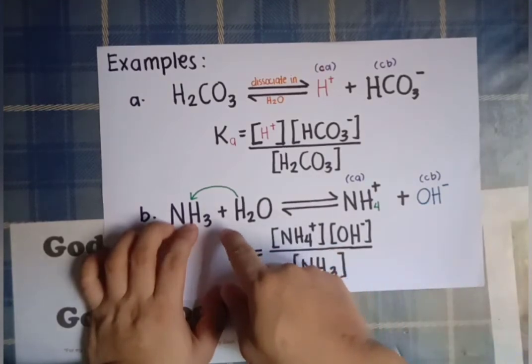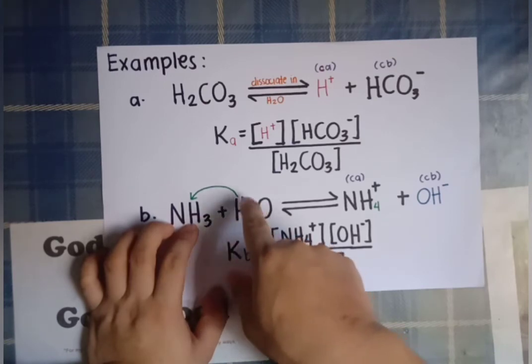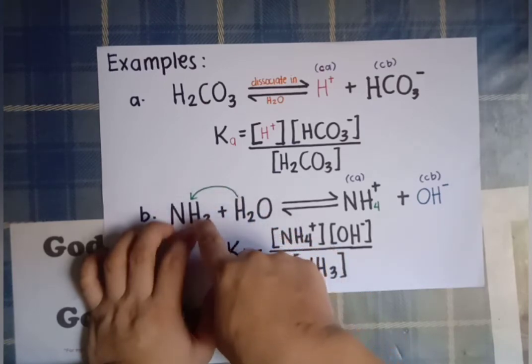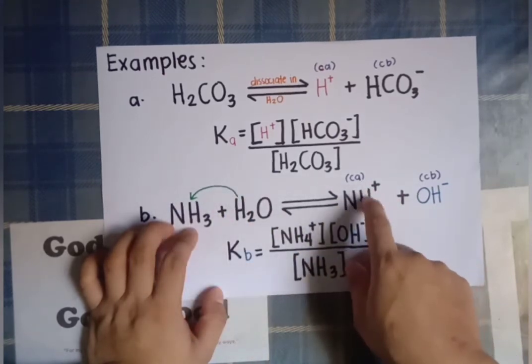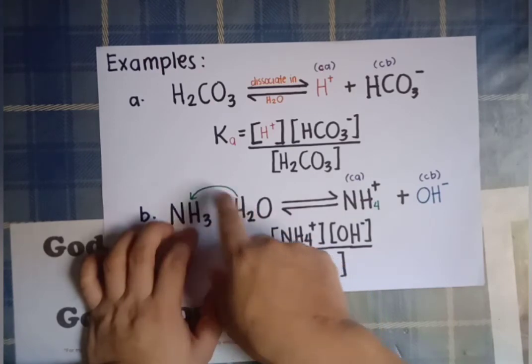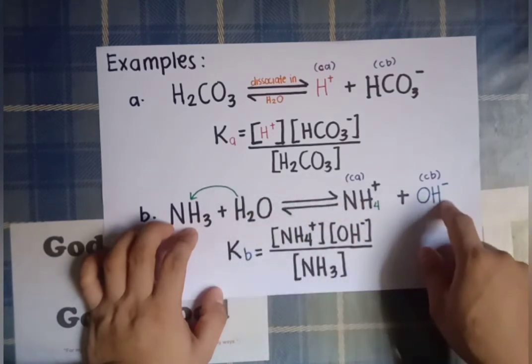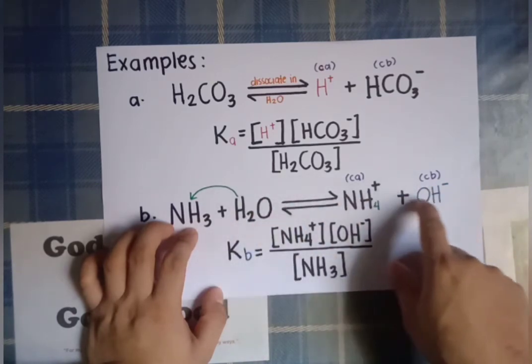So after it donated hydrogen to NH3 molecule, the NH3 molecule now turned into NH4 positive, which is now our conjugate acid, and H2O, after it donated hydrogen to the NH3, it now turned into OH negative. Why negative?